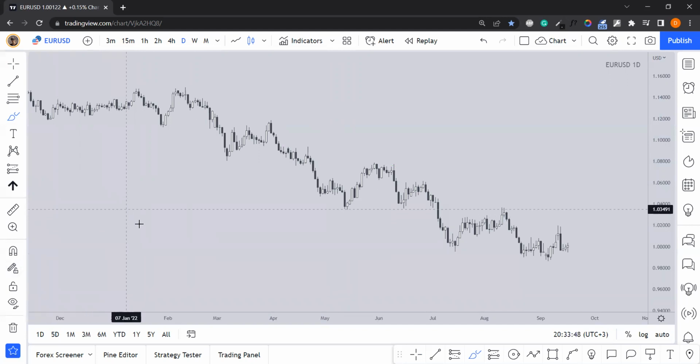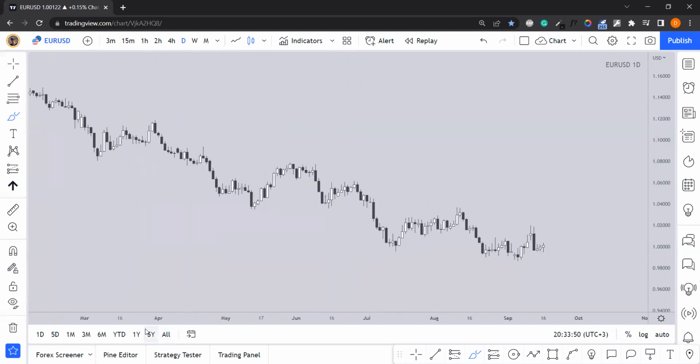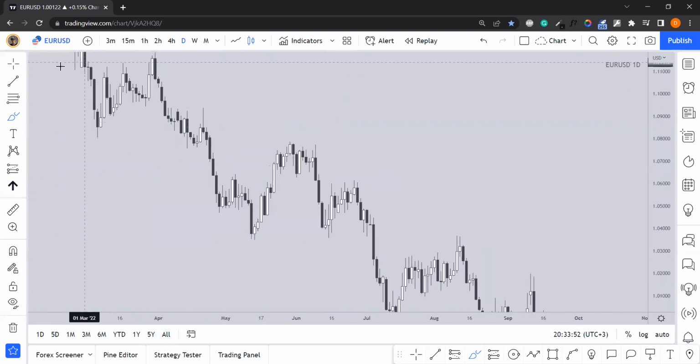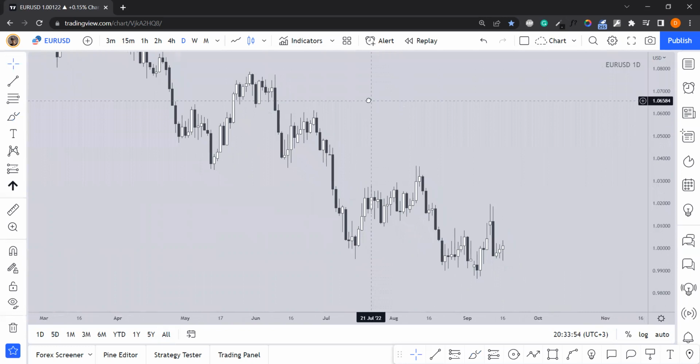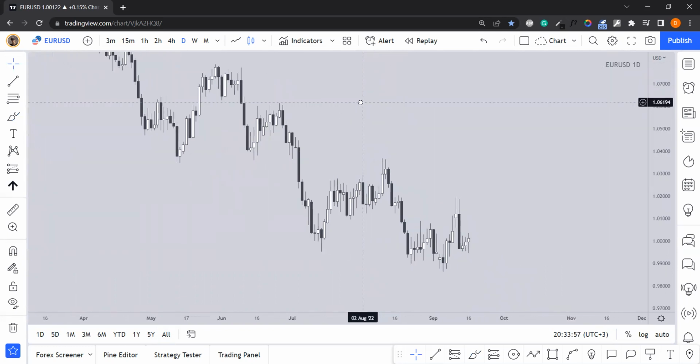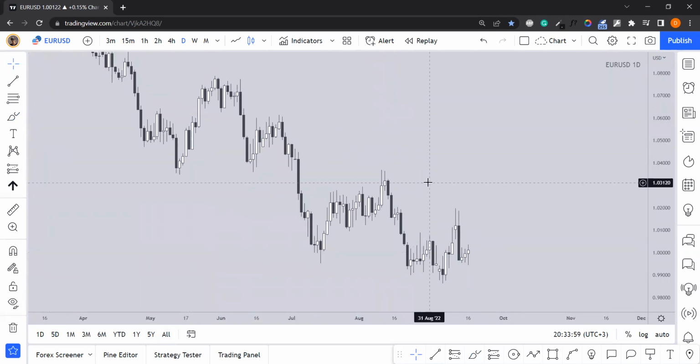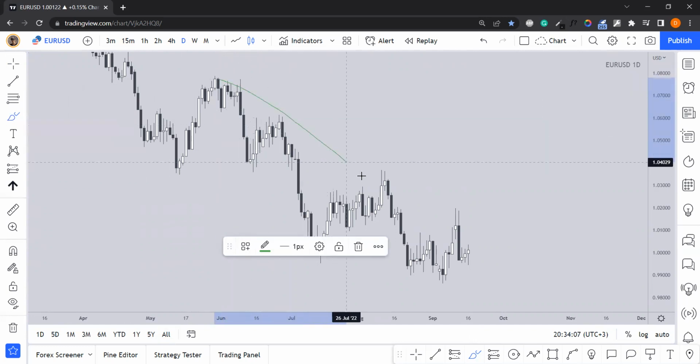So for instance, if we are looking at any given time frame, how can we differentiate the ranges or price expansions? A person might say that his or her impulse that he wants to mark up is this one, so this huge move.